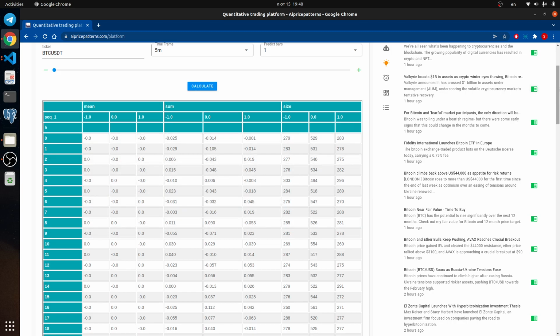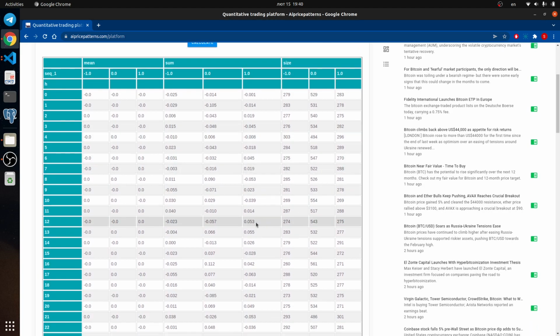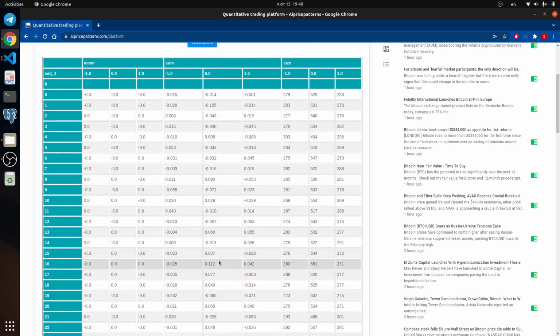Let's see what happens. Let's suppose we trade only at 16 hours when we haven't any sequences, and let's check. Yeah, and we have 0.11.